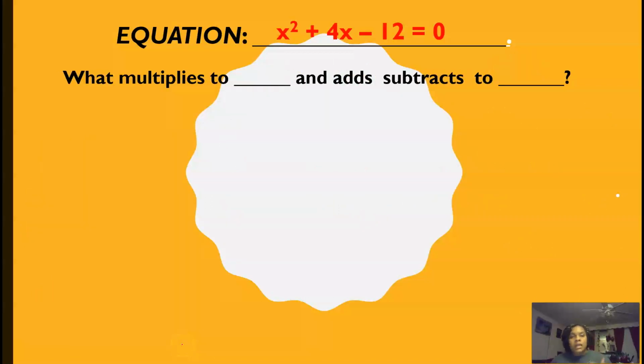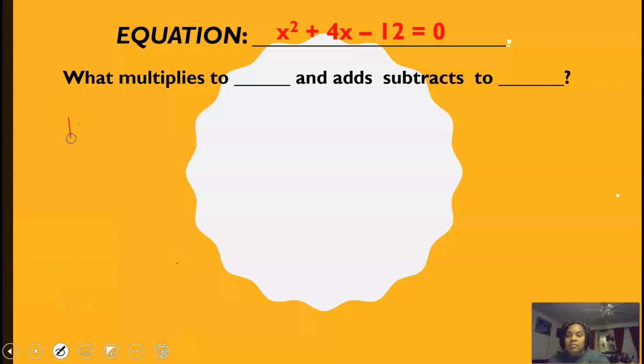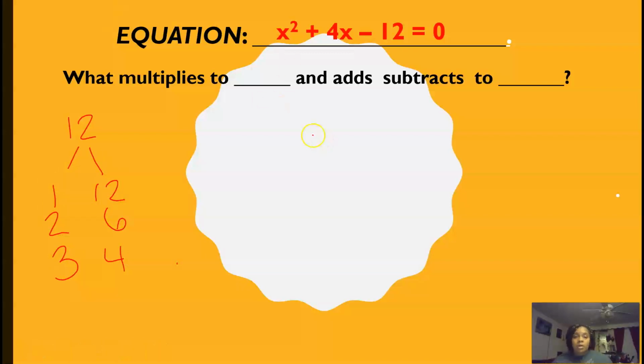Once again, what two numbers do you multiply to get 12? All right, so write out your multiples. I normally write them out as a factor tree sometimes. 1 times 12, 2 times 6, and 3 times 4. Now, which set here, if I was to add or subtract them, would I get 4?